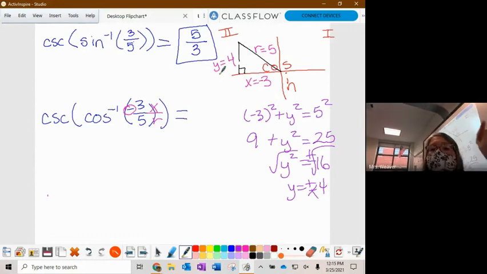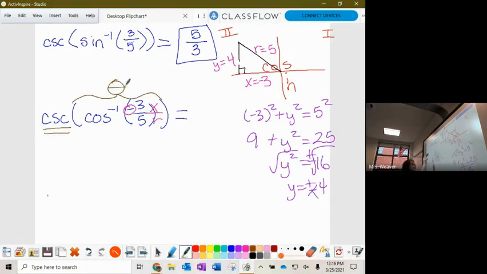But now that we have all 3 sides of the triangle, we can find any of the 6 trig functions they want. Which one do they want? We're looking for the cosecant of the angle whose cosine is -3/5. We never actually had to find that angle, okay? We just want to find the cosecant of that angle.